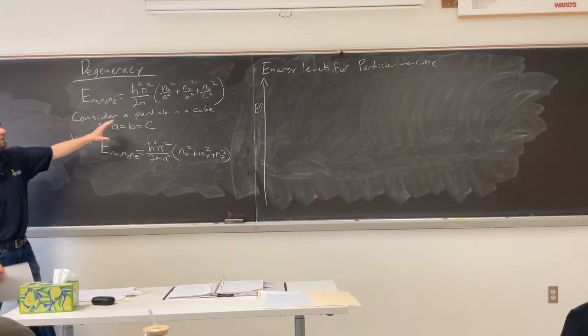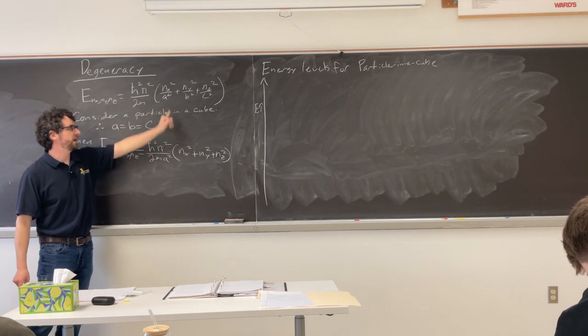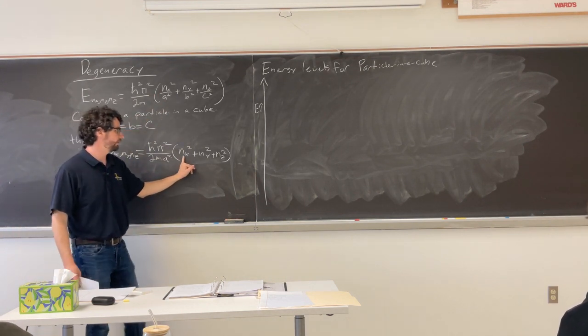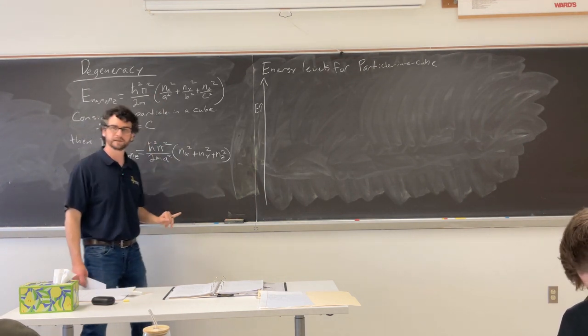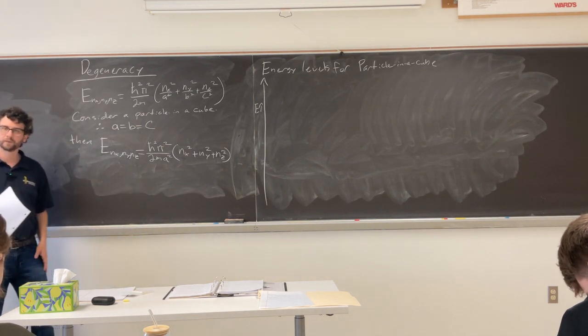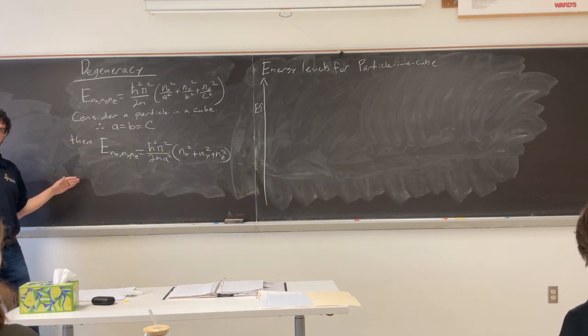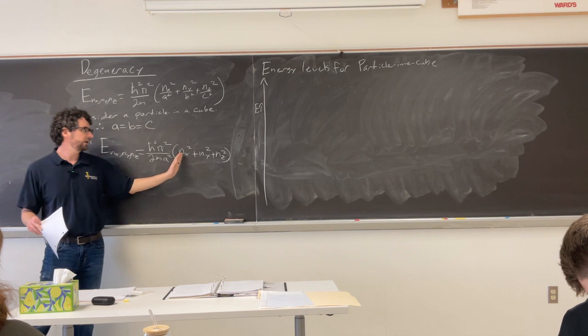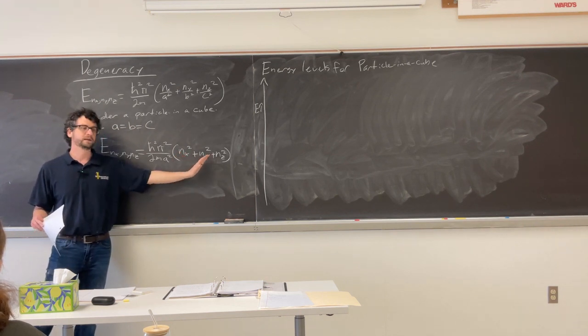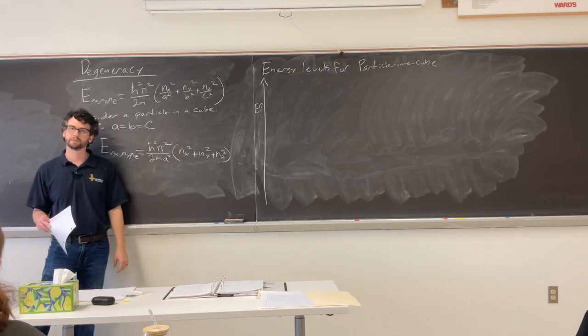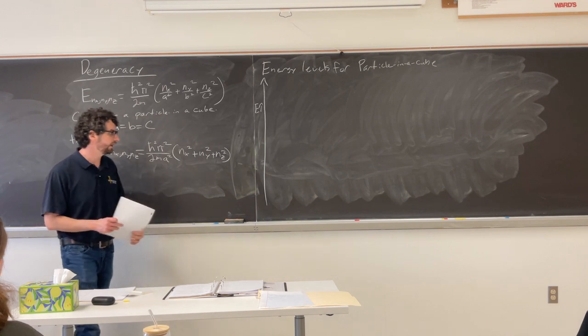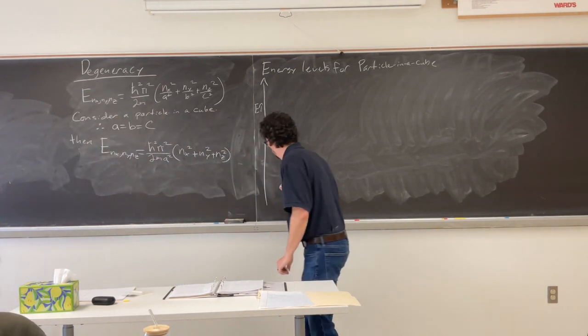And what we want to do is consider different values of n sub x, n sub y, n sub z that we could plug in. What is the lowest energy state we could have, the lowest numbers we could place in here? 1. Okay, 1 for each of them, right?